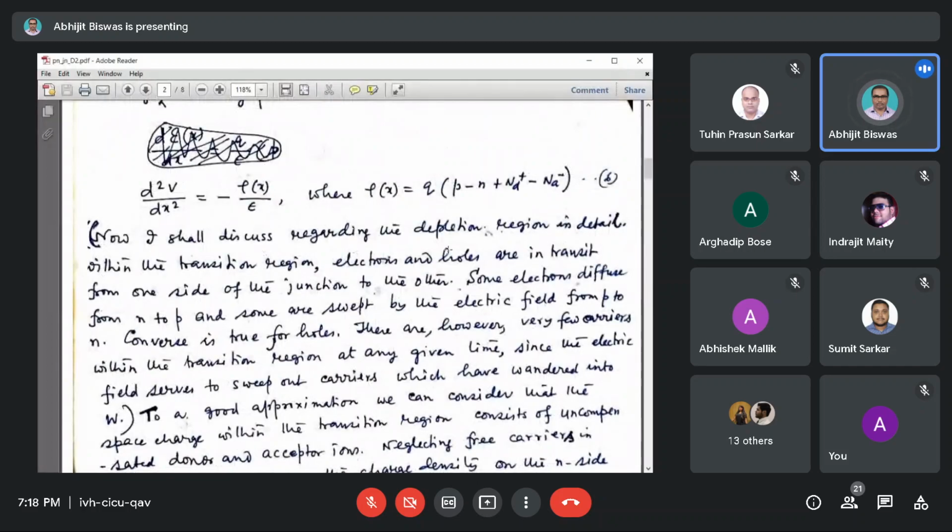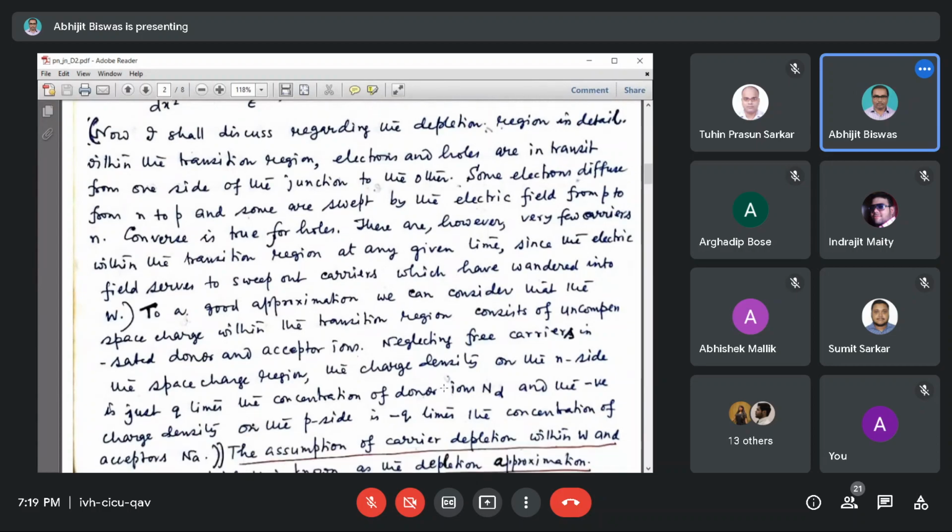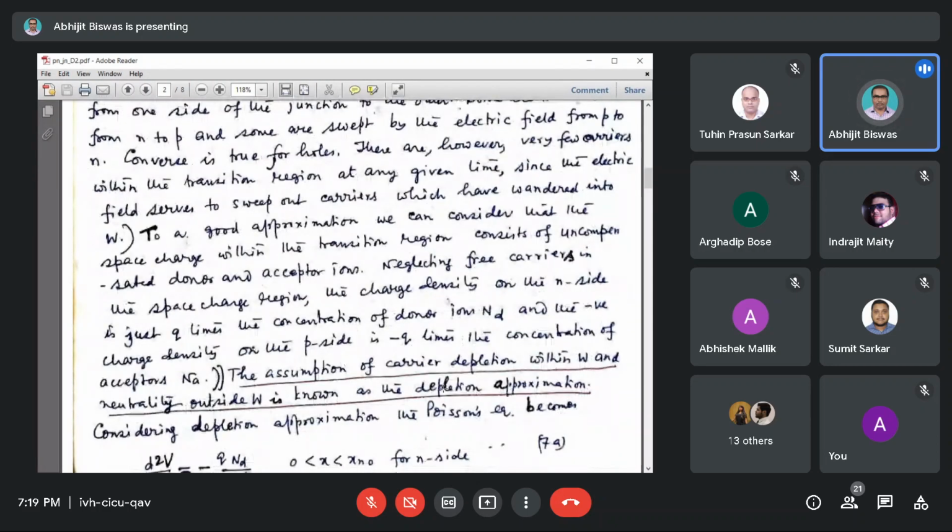So now we have to solve this one-dimensional Poisson's equation subject to suitable boundary conditions to find the potential profile within the PN junction. We have already assumed the depletion approximation, and we assume also that the transition region consists of uncompensated donor and acceptor ions. So we are not assuming any free charge carrier within the transition region or depletion region.